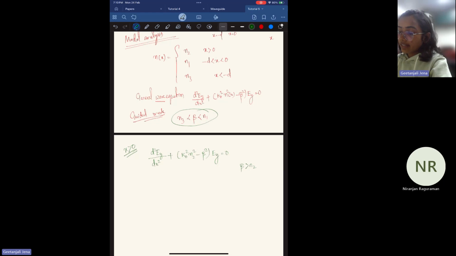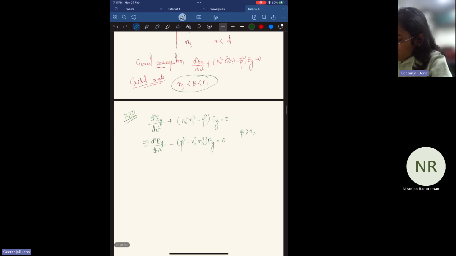Because beta is greater than n3, that means beta is greater than n2. So here we can write it as d square Ey dx square minus beta square minus k0 square n2 square Ey is 0.